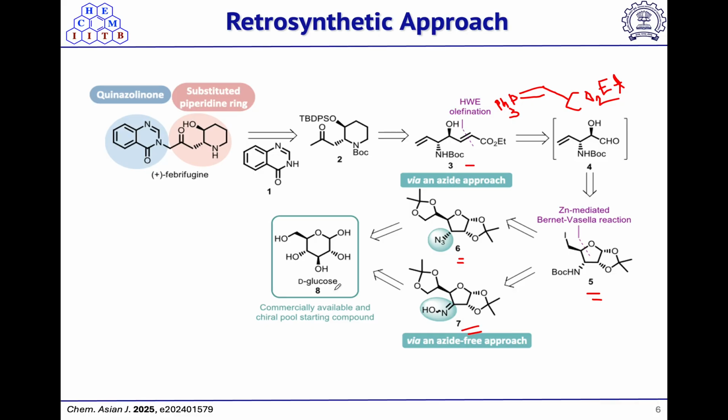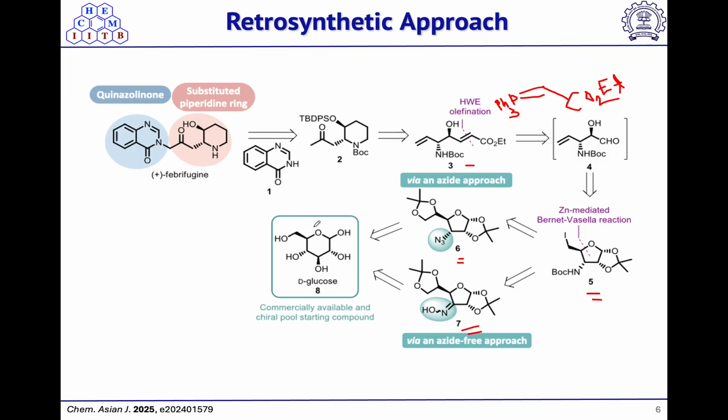So D-glucose is commercially available, it is very cheap, we know, and also it is a chiral building block. So it is having 1, 2, 3, 4 chiral centers. So this is commercially available and cheap, you can easily get it from anywhere. So D-glucose is highly cheap and it is a chiral building block.